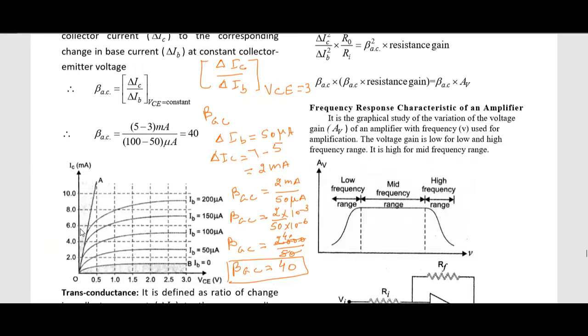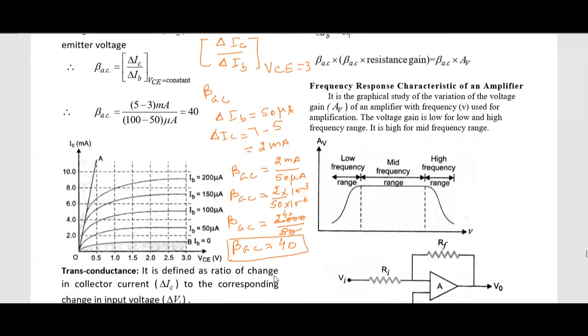So here we will be having 1 milliampere, and its value will fall to 20. So the value of beta AC at 5 will approximately fall to 20, and at 3 it is 40. So its value keeps on changing.